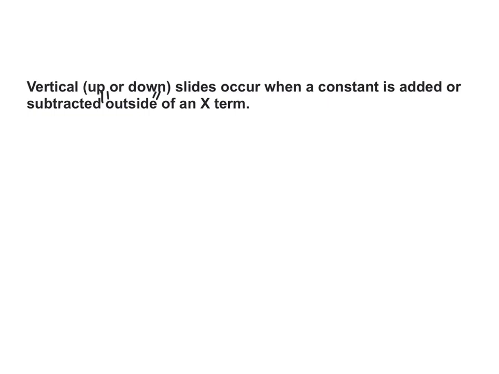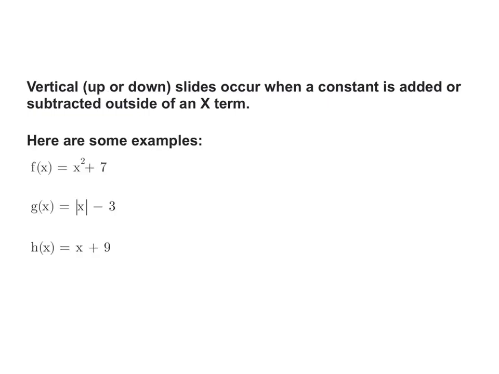All right? So here's some examples. Okay, there are three different examples of vertical slides, vertical translations. Go ahead and write those down, and then we will talk about what those actual changes are. Let's look at this first one. So here's what I mean by outside. Particularly, it's really easy to tell with the absolute value. Clearly, this minus 3 is outside of the x.